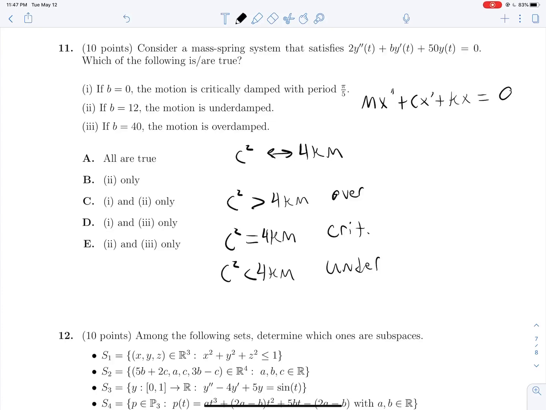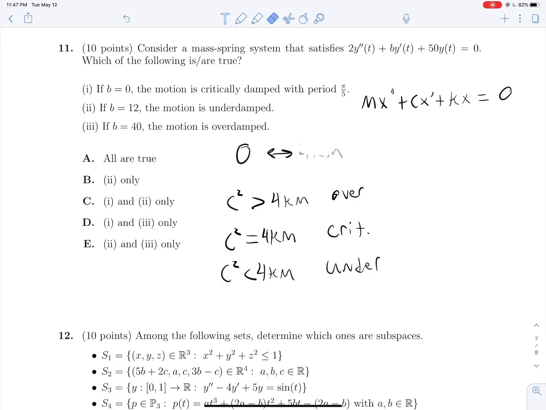So if b is equal to 0, that's the term on y prime, so that will be c in this equation. If b is equal to 0, I'll plug that in, then the motion is critically damped. Well, what is 4km? m is always going to be 2 in this case, and k is 50.